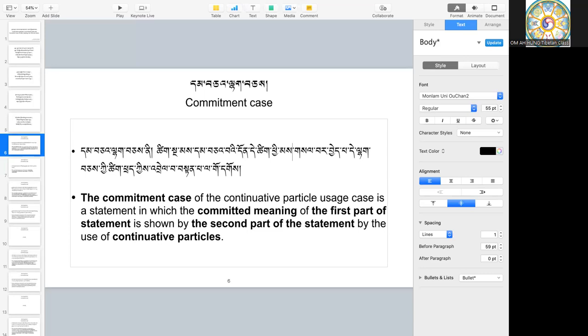So in this particular explanation of the tree of excellent speech, we have already discussed during our previous classes that we are going to elaborate or emphasize greatly the idea of the statement rather than emphasizing greatly the particle.